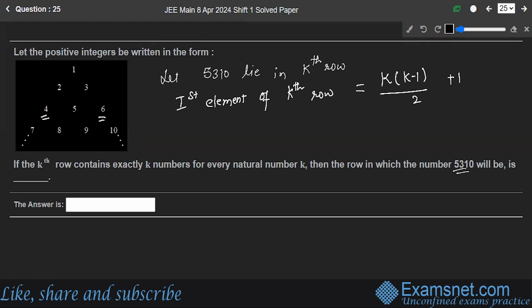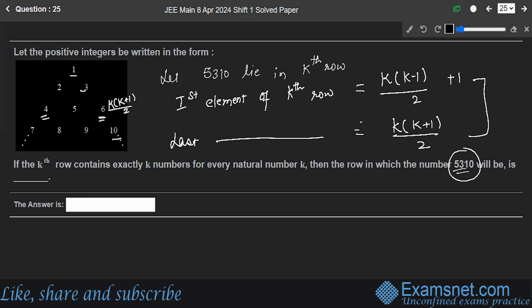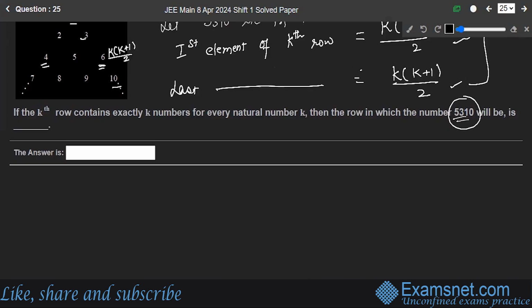And the last element will be given by k into k plus 1 upon 2. This one. So look at the general one. This is 1, 3, 6, 10. Similarly, over here, the last element of the kth row will be given by k into k plus 1 upon 2. Now, this 5310 number will lie between these two numbers only.